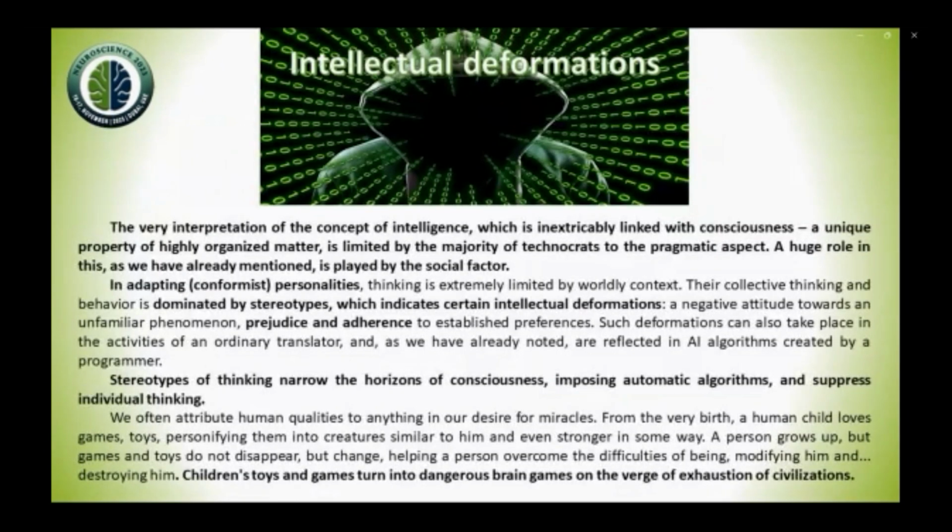The very interpretation of the concept of intelligence, which is linked with consciousness, a unique property of highly organized matter, is limited by the majority of technocrats to the pragmatic aspect. A huge role in this, as we have already mentioned, is played by the social factor. Stereotypes of thinking narrow the horizons of consciousness, imposing automatic algorithms, and suppress individual thinking.